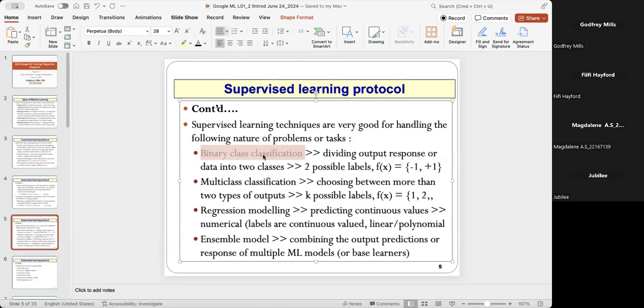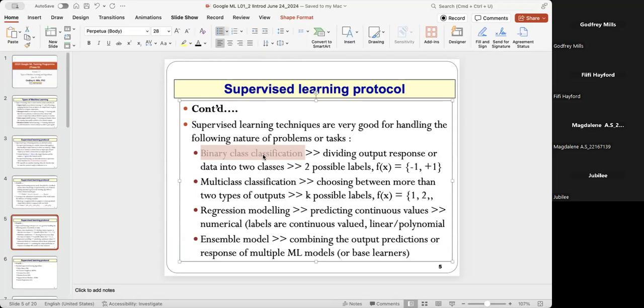In other types, we can say either black or white, either yes or no. So when we have problems that we want to classify as either a yes or no case, then supervised learning binary classification is one of the best approaches to use.